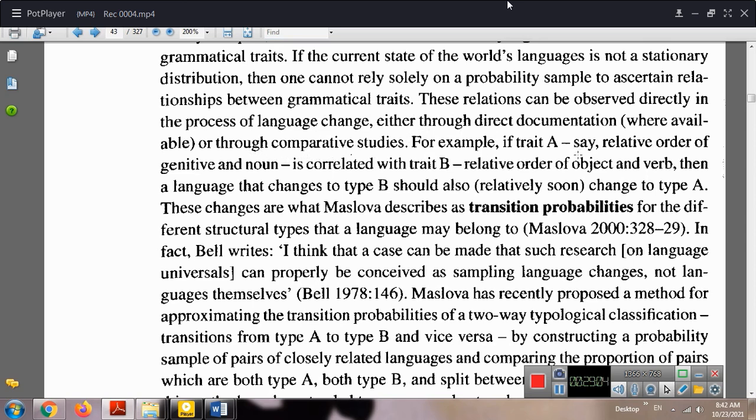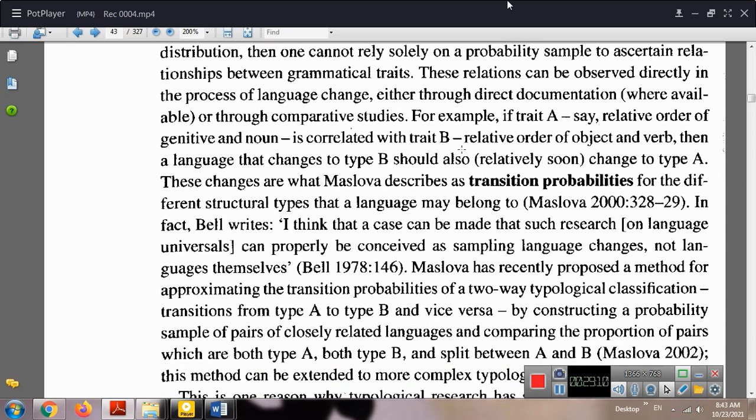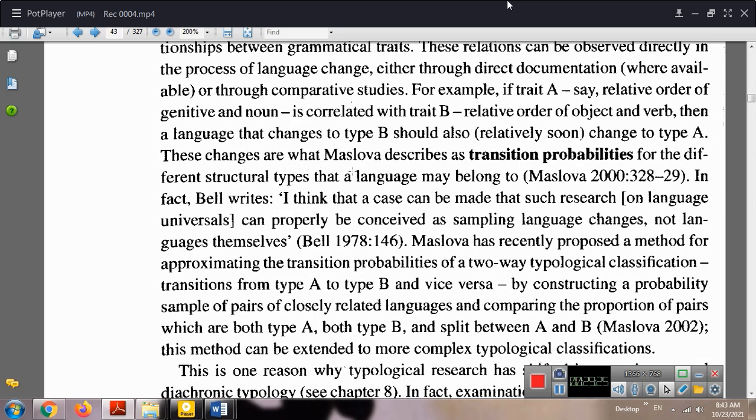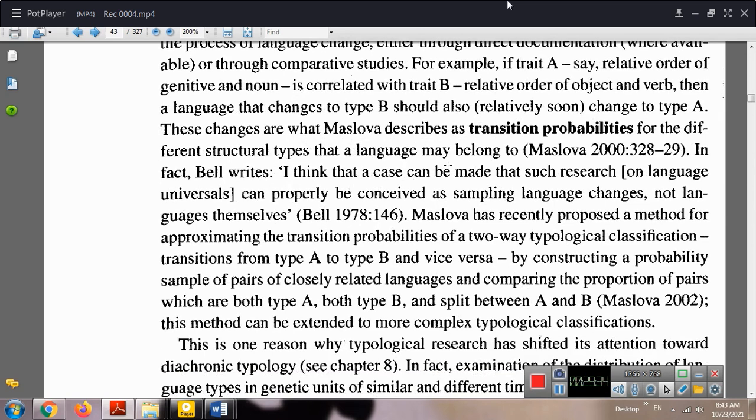For example, if trait A, say relative order of genitive and noun, is correlated with trait B, relative order of object and verb, then a language that changes to type B should also relatively soon change to type A. These changes are what Maslova called transition probabilities for the different structure types that a language may belong to.